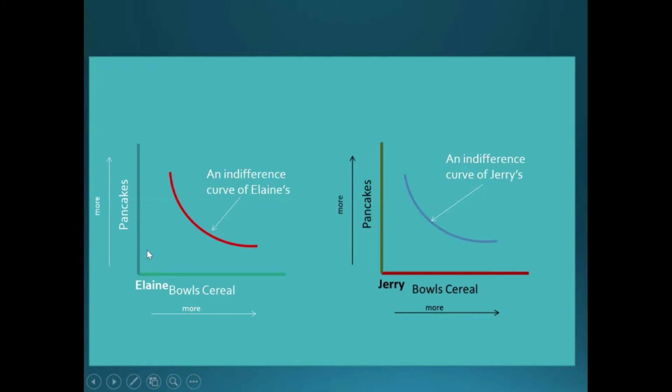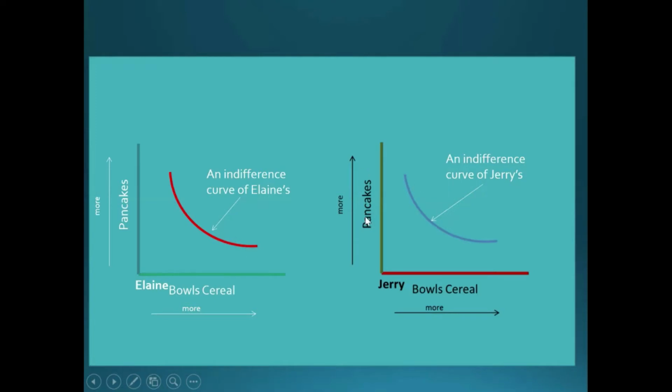The further you move to the right along this graph, it implies that Elaine is getting more bowls of cereal. And the further you move up on this graph, it implies that Elaine is getting more pancakes. And then the next thing we did is we plotted all of the different combinations of the two goods that left Elaine with the same level of utility. That's all the combinations of the two goods that Elaine was indifferent between.